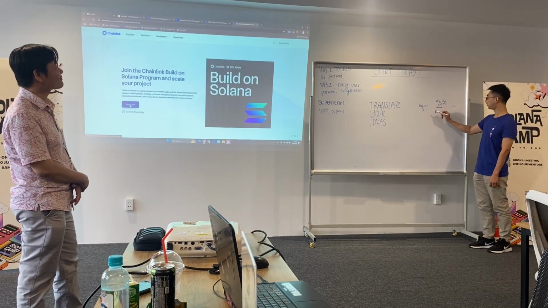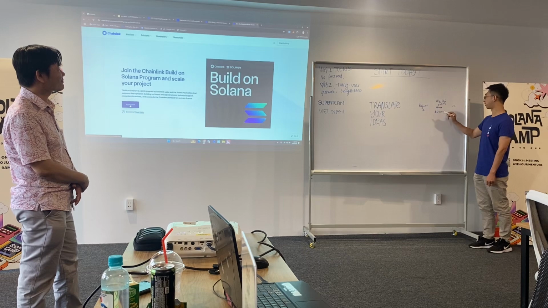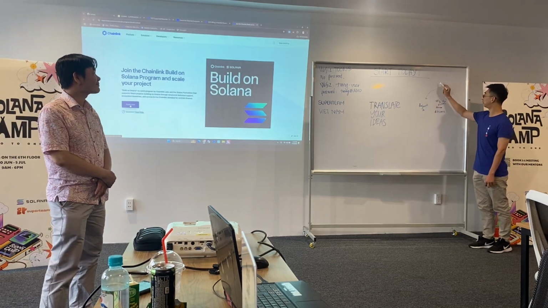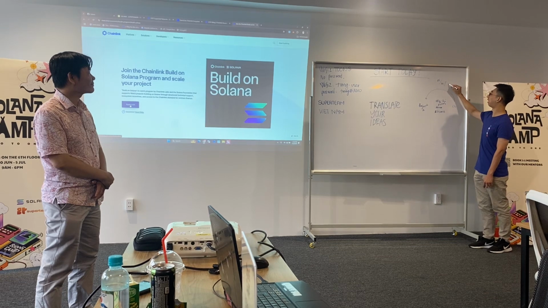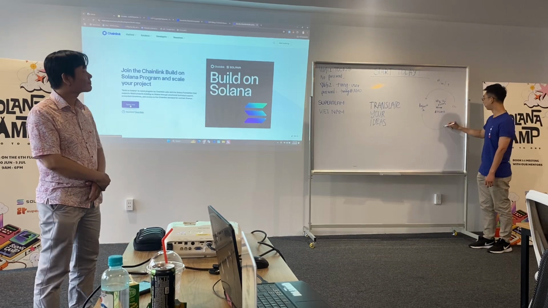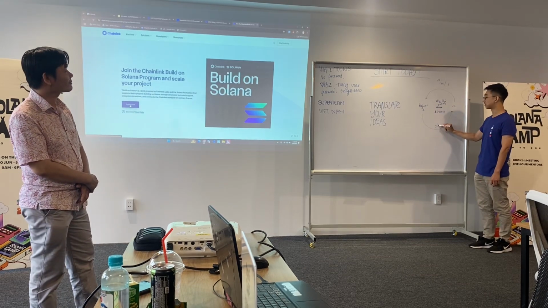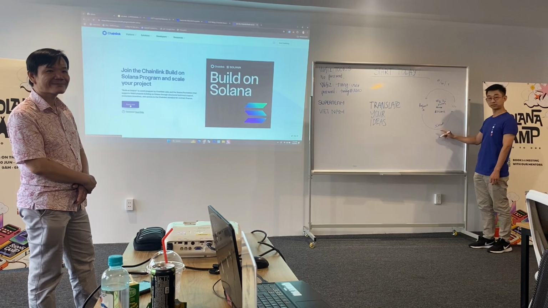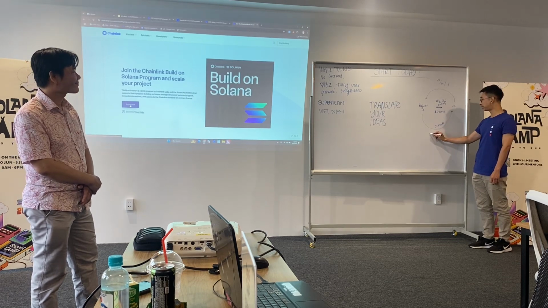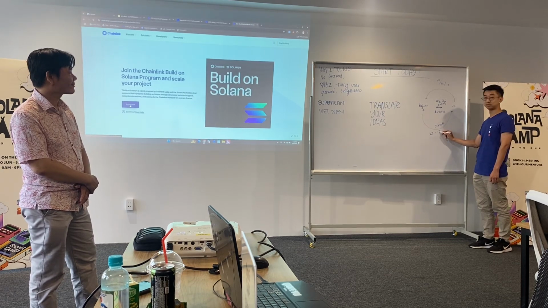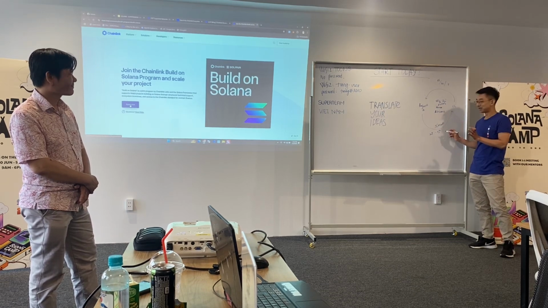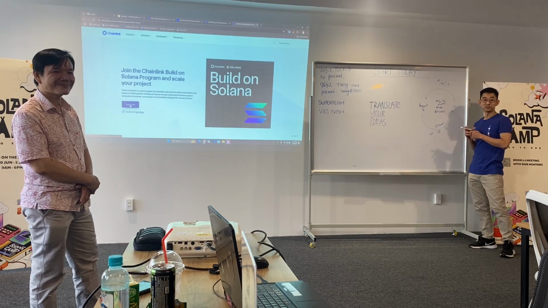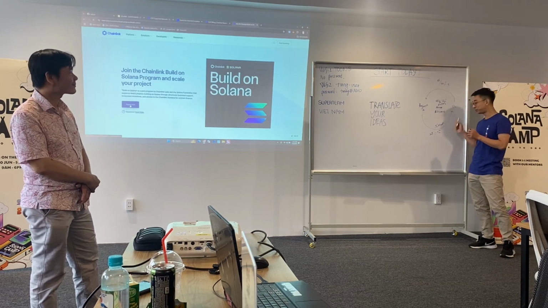Consider this as a program where Chainlink offers you networking support, marketing support, maybe technical support. In return, you commit to Chainlink a percentage of your assets. What is the percentage? Minimum 2% and maximum 6%. This is what I know. Other than that, I don't know if there are any bigger deals, but it depends on the deal, on how you deal with Chainlink.